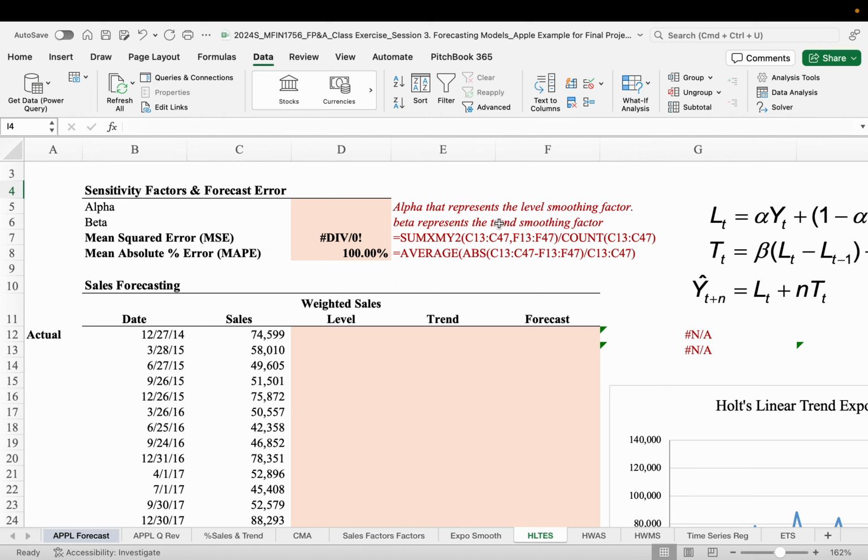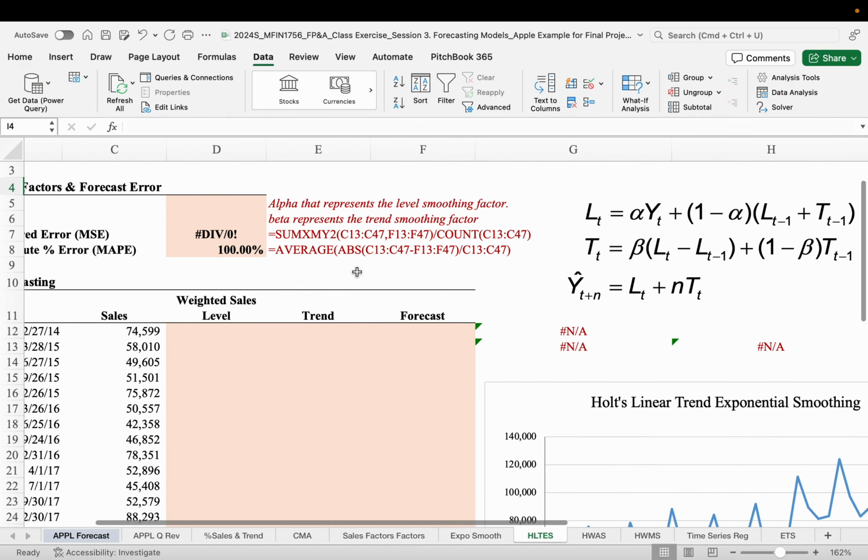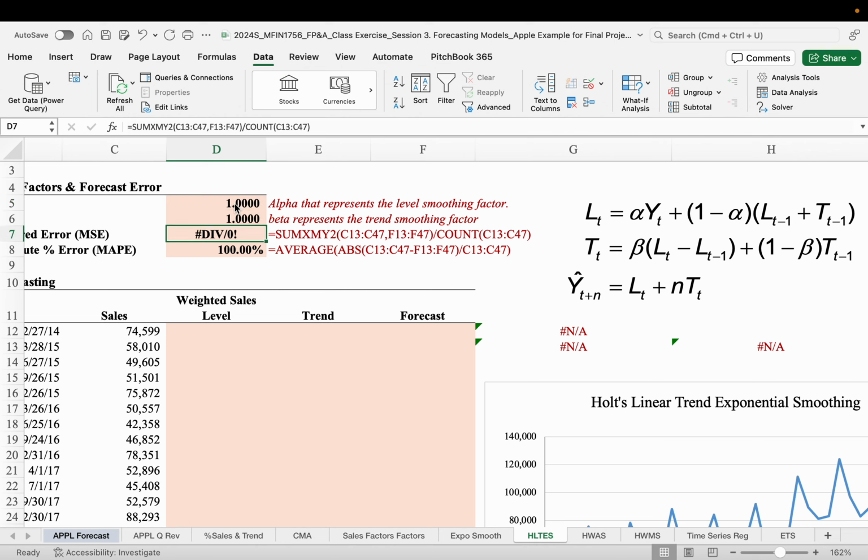So what is the optimal level of alpha and beta to minimize these two, using these two equations? Okay, then let's first just put 1 and 1, just random numbers, assuming that the alpha and beta factors are between 0 and 1.